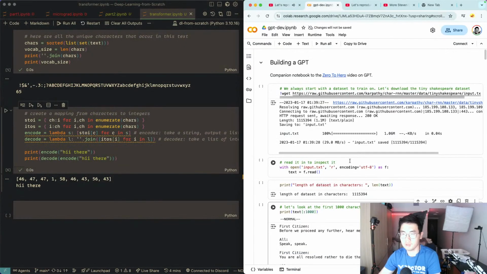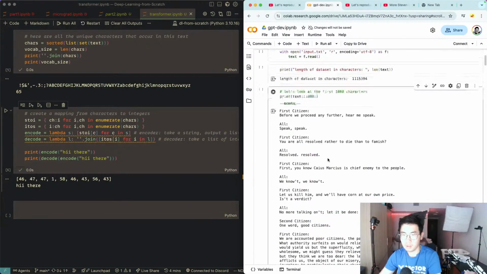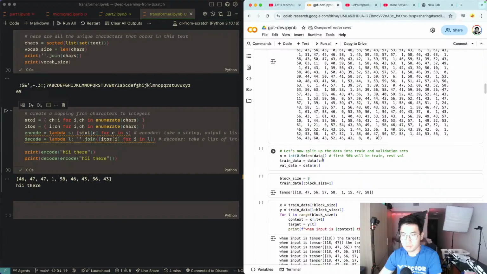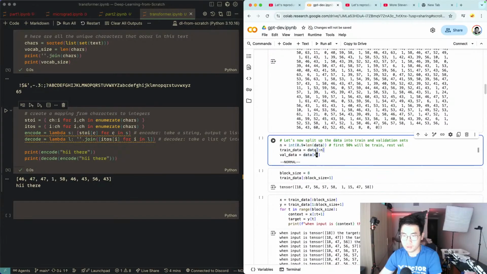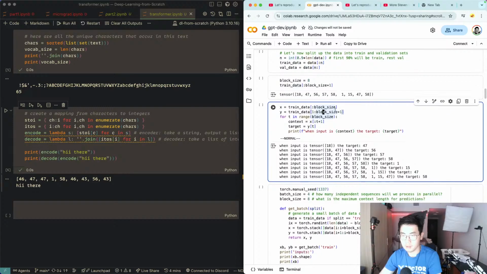Let's go over this code first, and maybe he doesn't need to explain to us. So we split it into train and val. We understand this, and we then treat. So x is the train data up until the block size. You take the first 8. Okay. I guess it's an example of context and target, right?